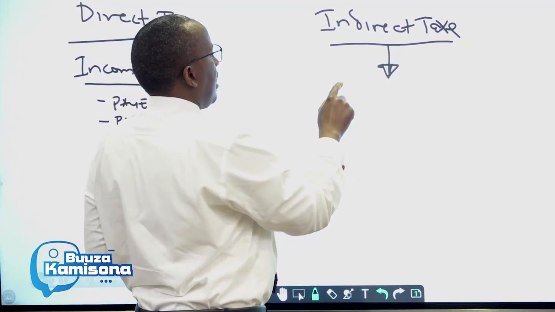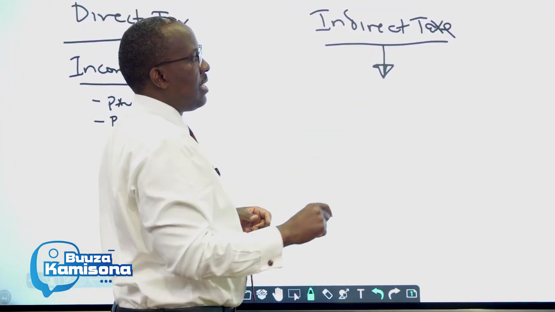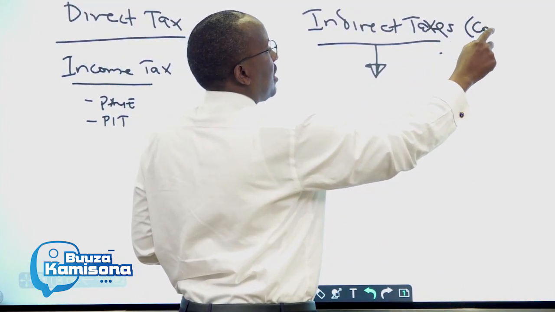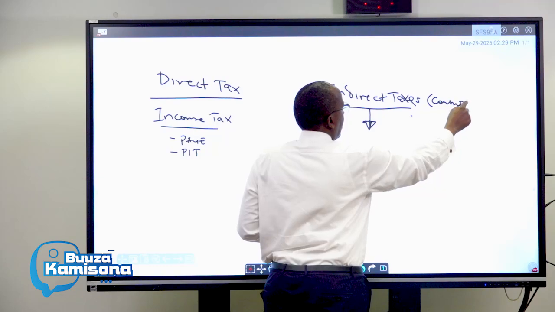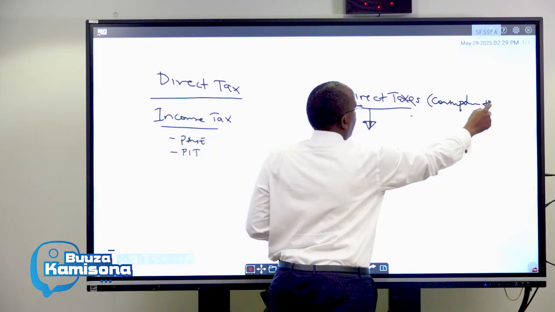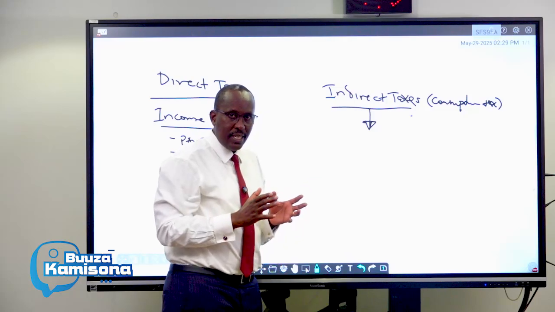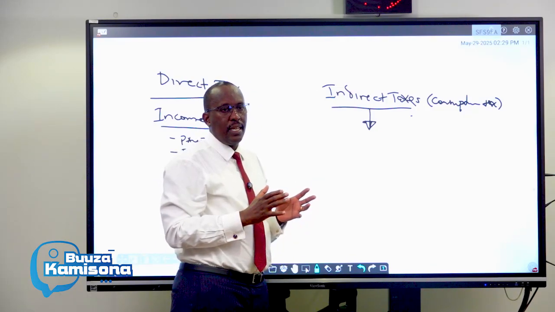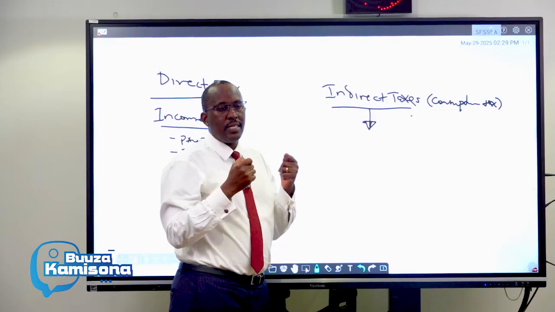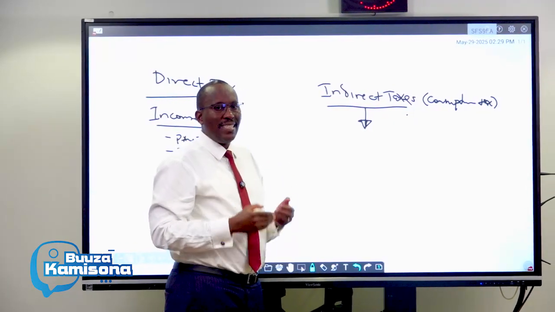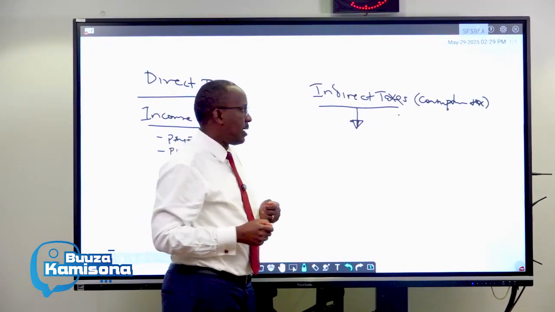And these are also what are called consumption taxes, meaning they are paid by the final consumer. Although the business accounts for these taxes, accounting here we mean the business collects them, remits them to URA, the business itself does not incur these taxes.